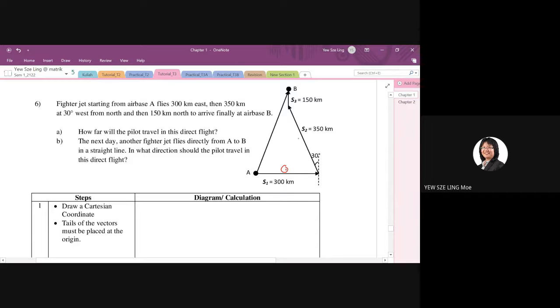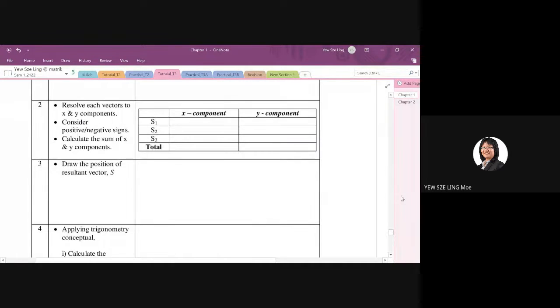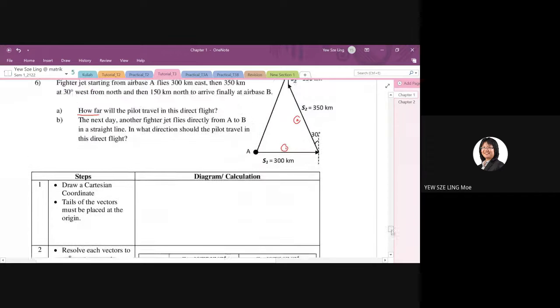So this is your second path, your S2 here. And then from S2, it flies 150 km north, your S3, to arrive at airbase B. How far? It's asking for the resultant displacement, the resultant path traveled by the jet.